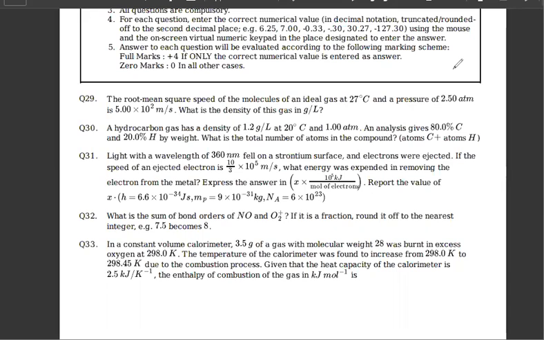31. See, HC by lambda is given. HC by lambda is given because this is given.